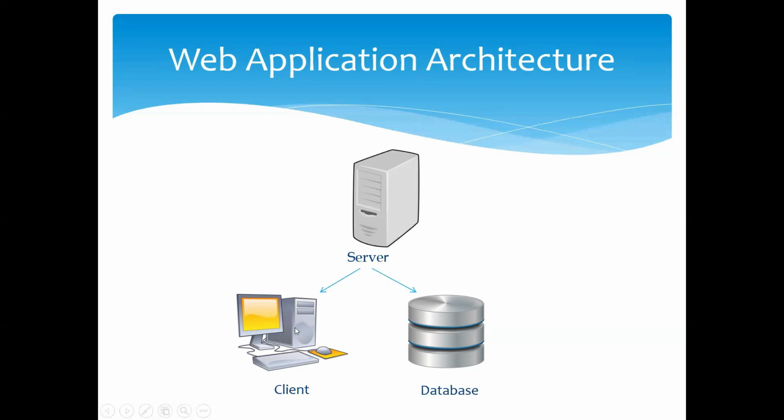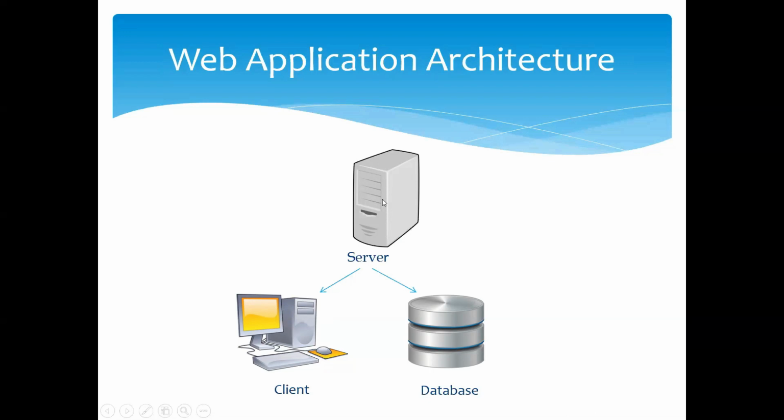So to give a quick example, take the Facebook login page. Whenever you go to Facebook, you enter facebook.com in your browser. In that browser, on the Facebook login page, you put your login information, email ID and password. Then you click the login button.